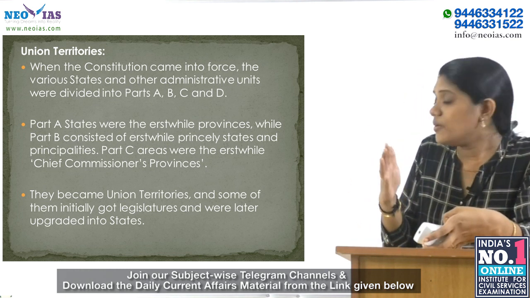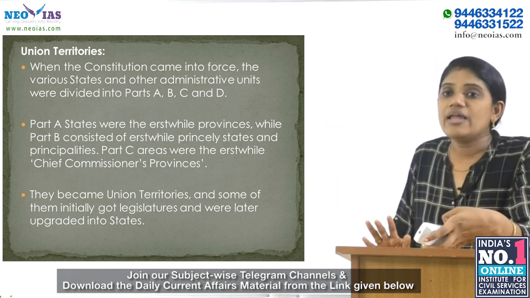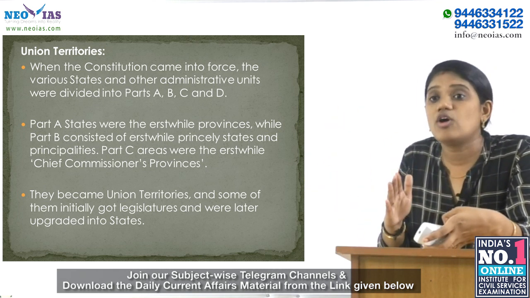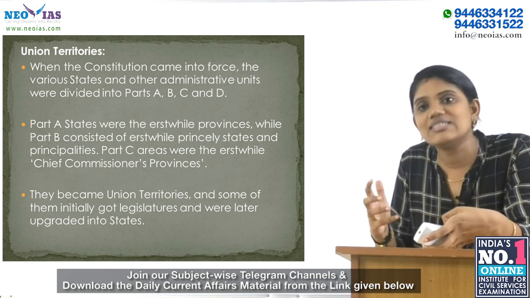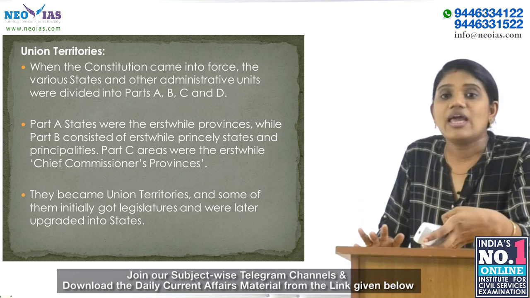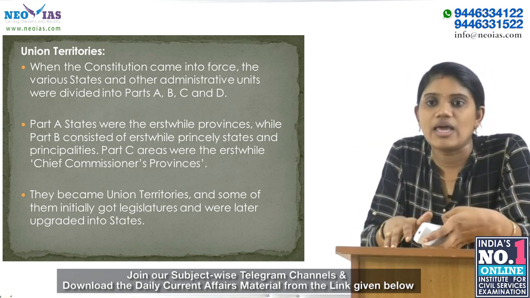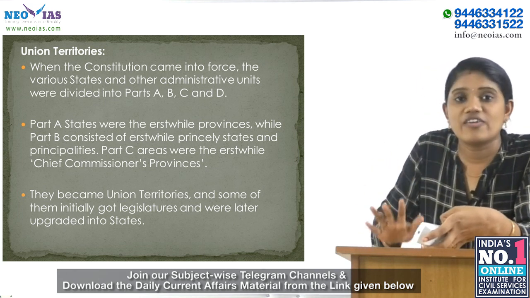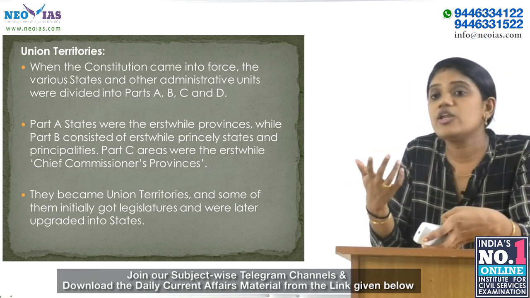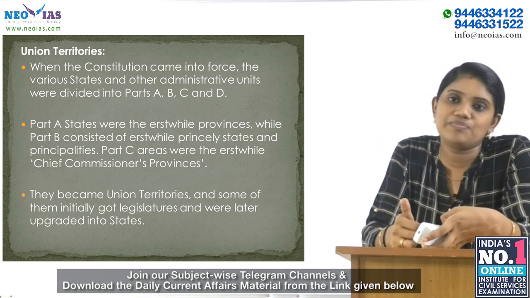Part A states were the erstwhile provinces, while part B consisted of erstwhile princely states and principalities. Then the part C areas were the erstwhile chief commissioners' provinces. Okay, so they became the union territories, and some of them initially got legislatures and were later upgraded into states.